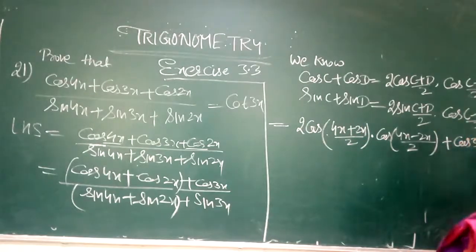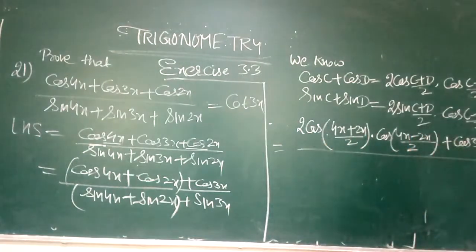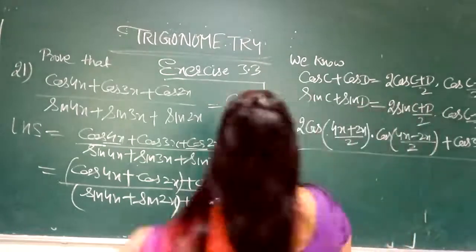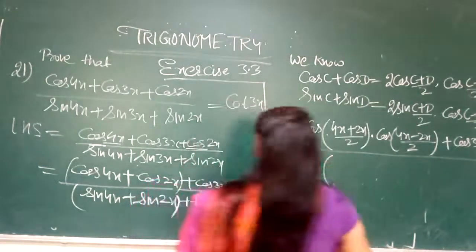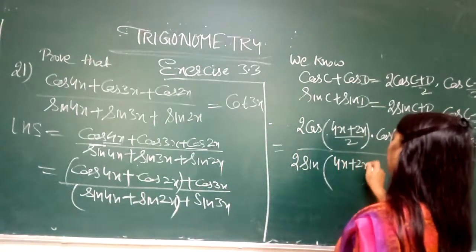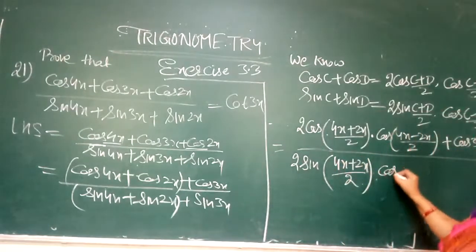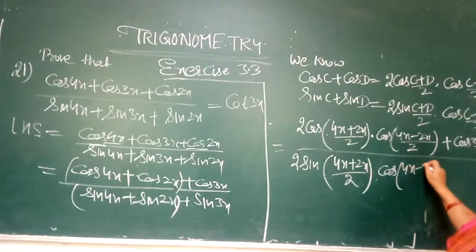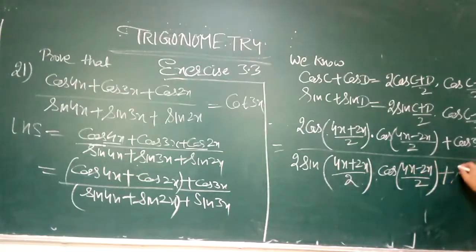And in the denominator, apply sin C plus sin D, so it will come 2 sin (4x plus 2x) upon 2 into cos (4x minus 2x) upon 2 plus sin 3x.